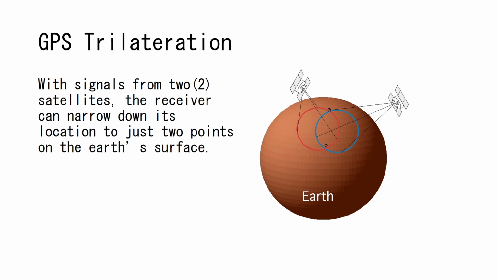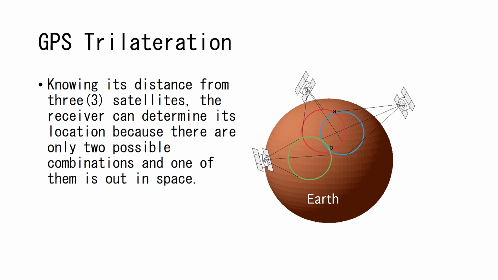Best case, we hit a point where both of our circles are tangent to one another and we only need two satellites. But that's usually not going to be the case, so we need an additional third satellite to have that distinct trilateration, or that distance between three points, to lock in and create no other possibilities or combinations.